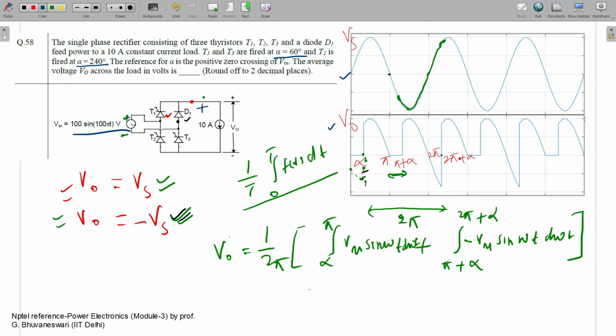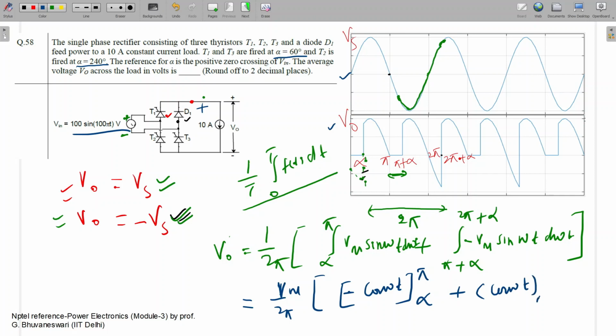Again we can simplify this. It will be Vm upon 2 pi. The integral of sin omega t is minus cos omega t from alpha to pi, plus, since this is already negative, cos omega t from pi plus alpha to 2 pi plus alpha. What is the value here?